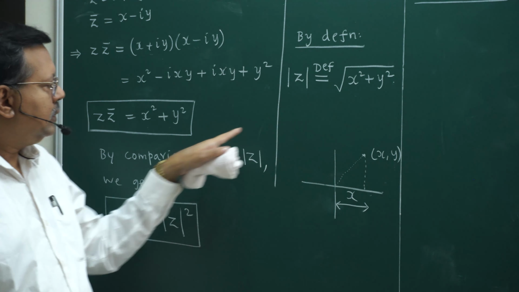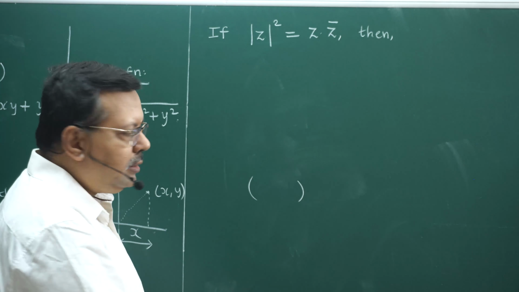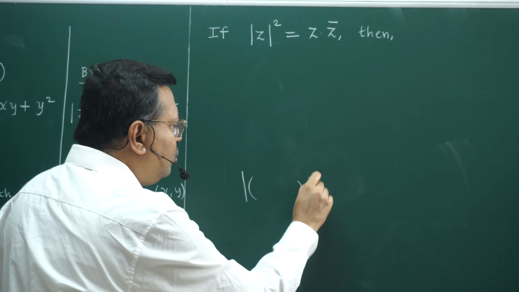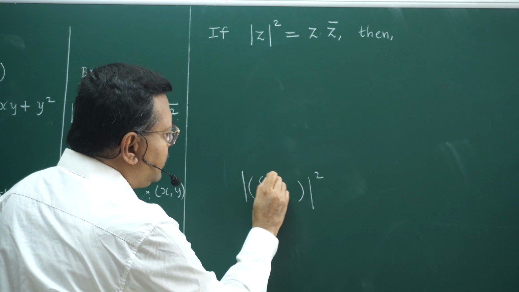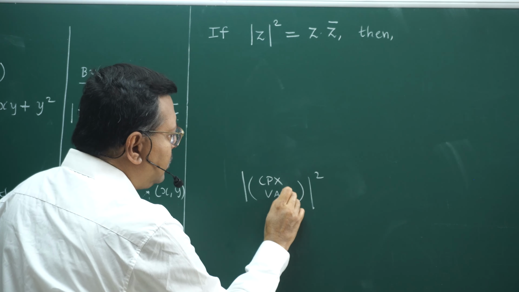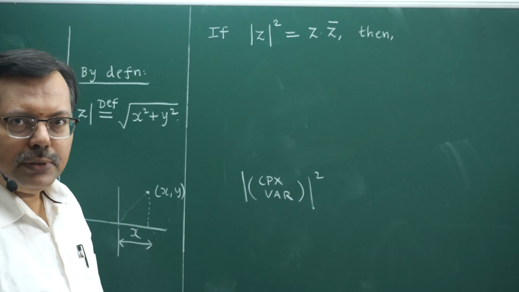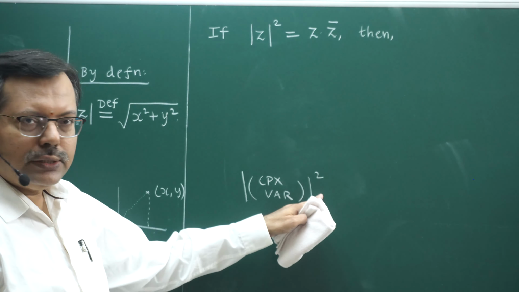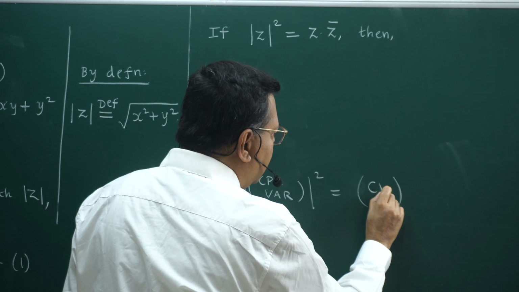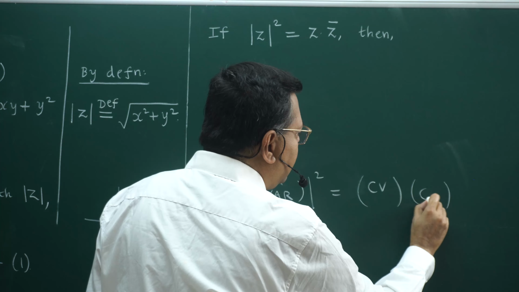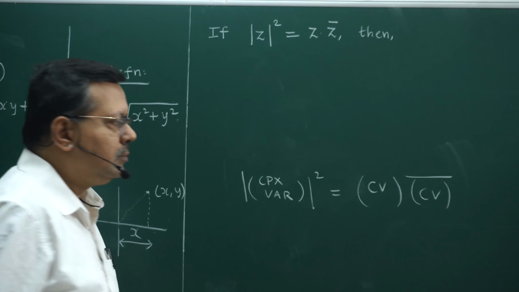There is some complex variable, I don't know what it is, something like alpha plus i beta, whatever it is, and I would like to take the modulus square. I'll write CPX VAR to say that some complex variable is there, and then I'm going to take this modulus. How do you understand this? The original complex variable, multiplied by the complex conjugate of that.